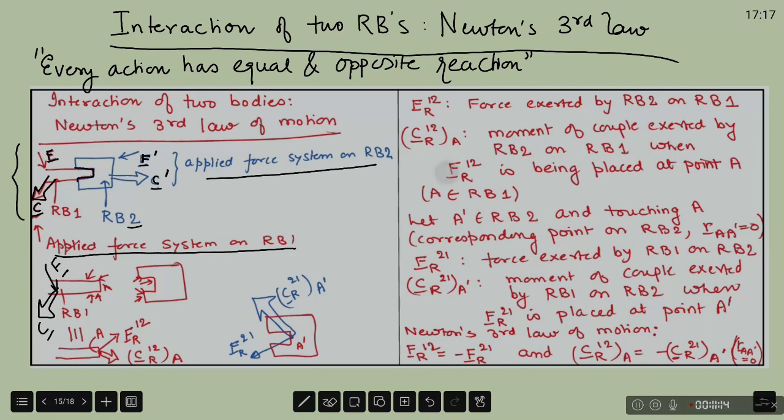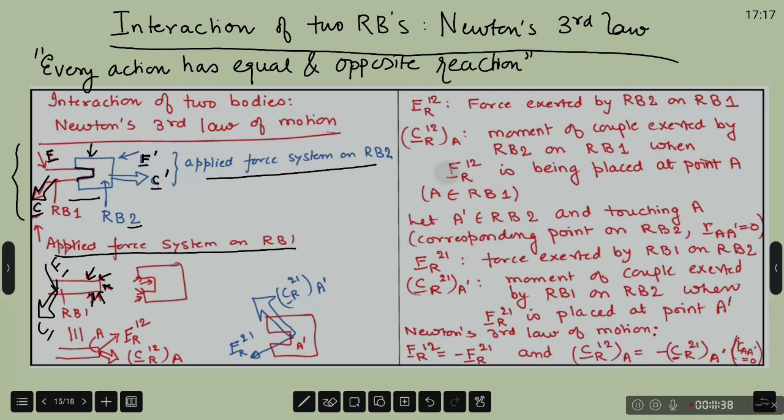When both were considered together, that force system between RB1 and RB2 was an internal force system, and we did not show it in this diagram. But if you focus only on RB1, besides the applied force system, the force system exerted by RB2 will also have to be shown.